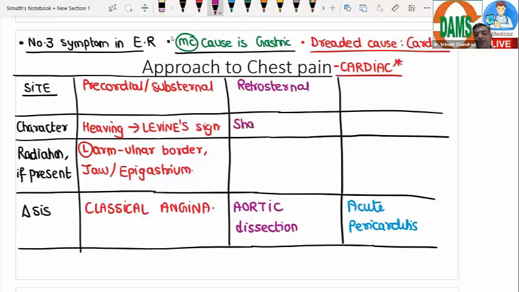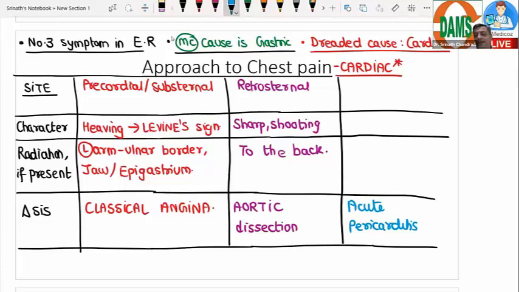It is a sharp shooting pain, almost like a searing pain, like cutting it into half, typically radiating to the back, which is likely to present with hypotension also. That is, think of aortic dissection.